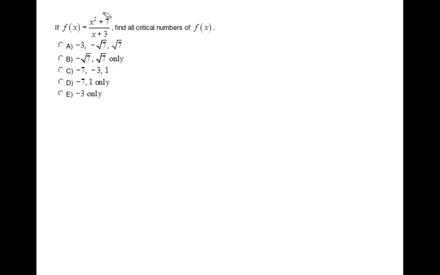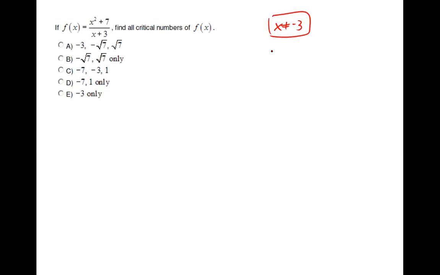We have a function and of course we have to find the critical points. The function is x squared plus 7 over x plus 3, okay? Who can tell me which number is not in the domain of this function? Yes, because the denominator cannot be 0.